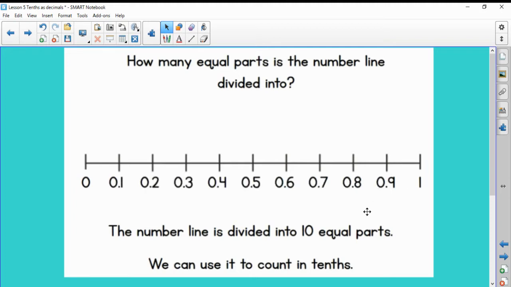But let's have a look at decimals. 0, 0.1, 0.2, 0.3, 0.4, 0.5. Are you counting? 0.6, 0.7, 0.8, 0.9, a whole one.